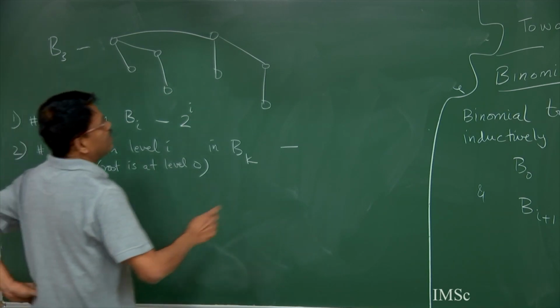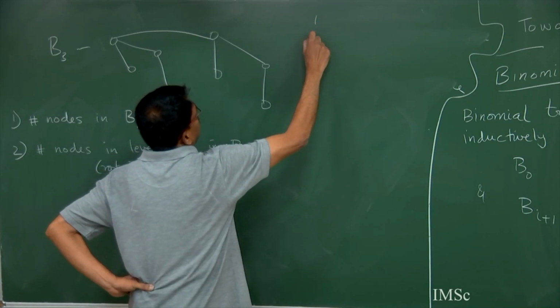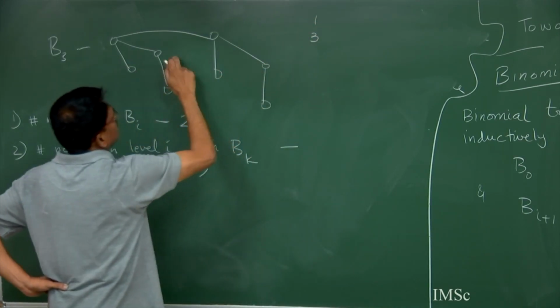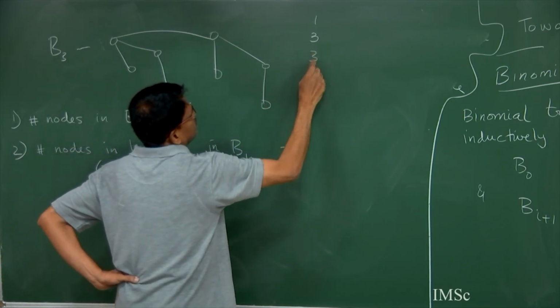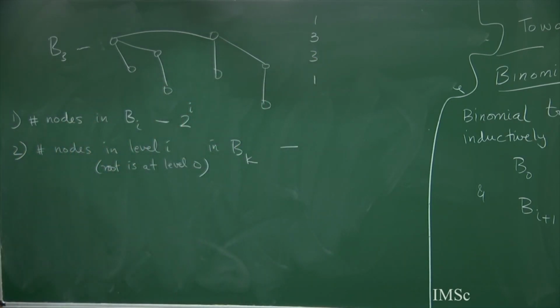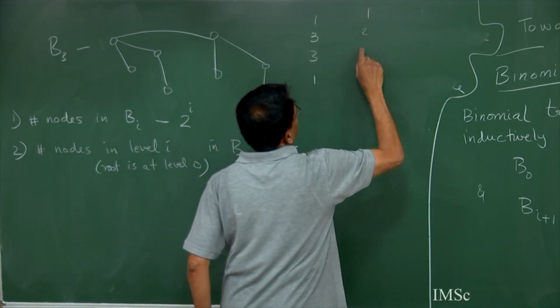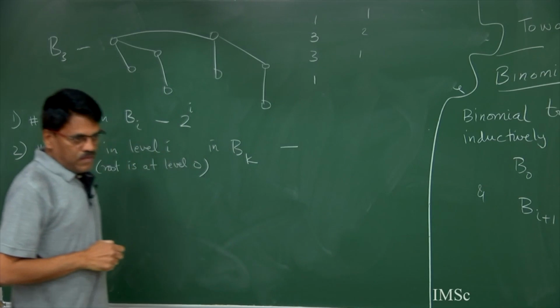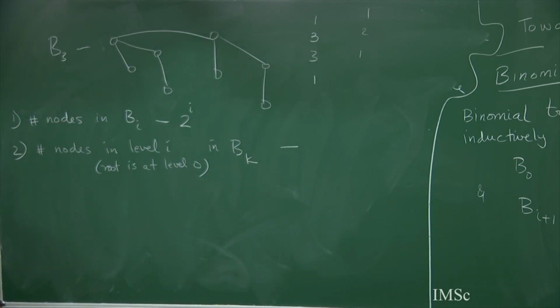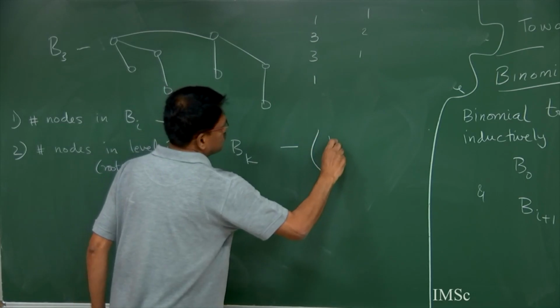What is B3? Number of nodes in level 0 is 1, in level 1 is 3, these 3 nodes. In level 2 is this, and this is level 3. Have you seen this pattern? For B2, it is 1, 2, 1. Binomial numbers. So, the number of nodes in level i in Bk is k choose i, right?